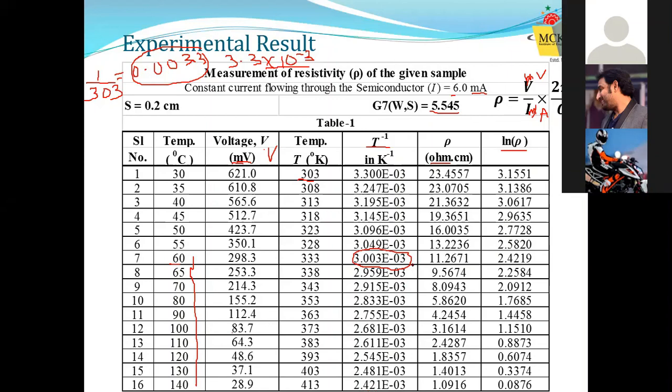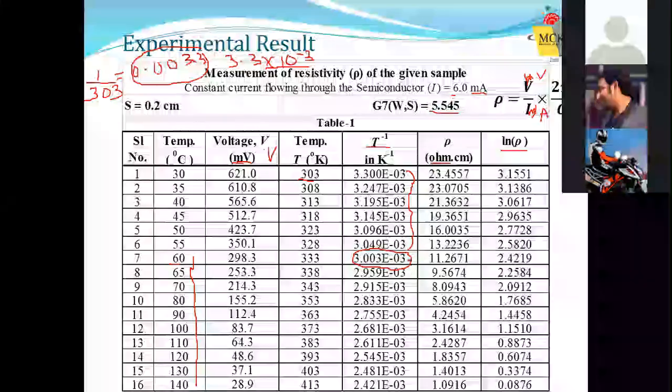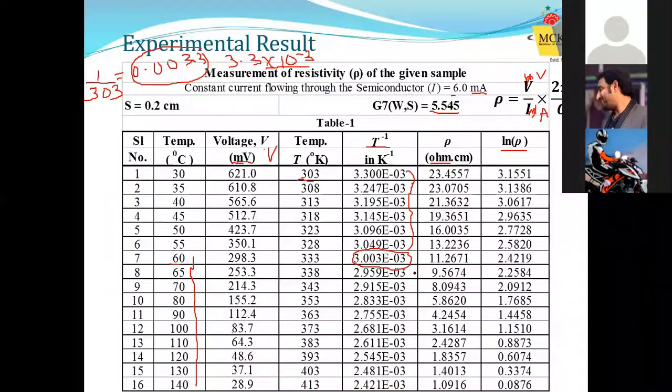These points will lie more or less on a curve, not a straight line, so try to draw the fitted straight line between them. That is starting from 2.4, the lowest value of T inverse, which implies the highest value of temperature, till 60 degrees Celsius, which implies 3 into 10 to the power of minus 3. Your straight line should contain these points.